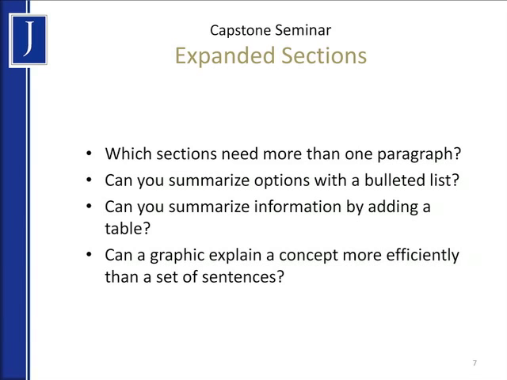You could ask yourself whether you could summarize information by adding a brief table, where the structure of the table conveys some of the information more efficiently than having to try and explain each thing in sentences. Finally, you could consider whether a graphic might explain the concept more efficiently than a set of sentences.